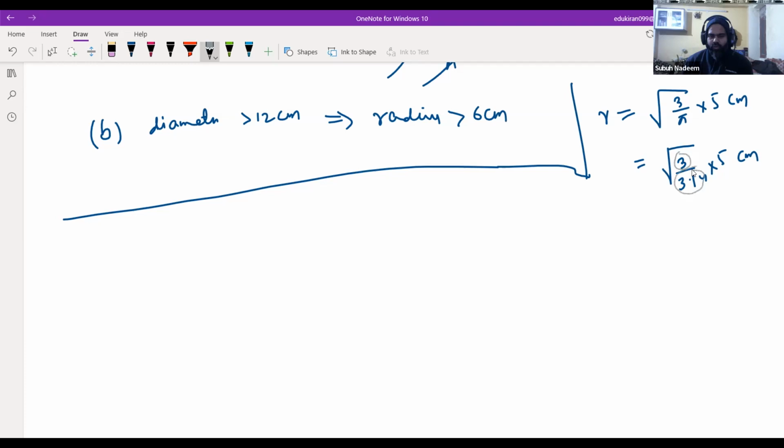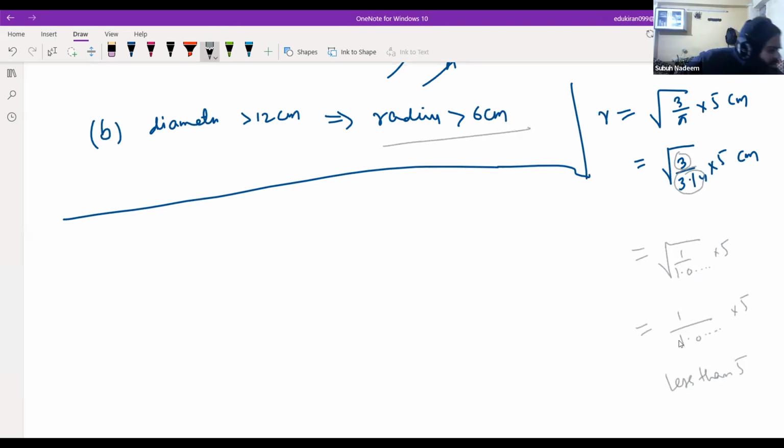So this is 1 by 1 point something. Denominator, when you take root, will be 1 point something. So when you divide by a value which is greater than 1, this value will be less than 5. So obviously, if you are taking radius greater than 6 centimeter, the value less than 5 will not be affected.